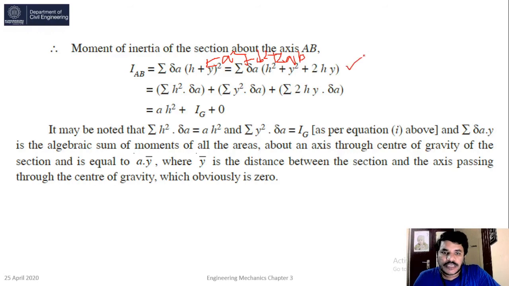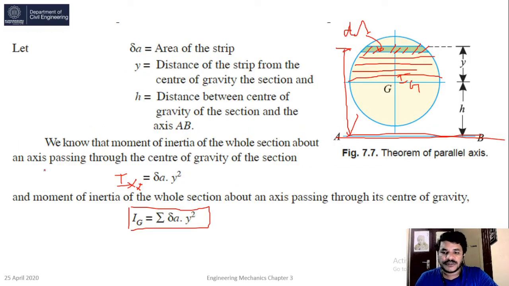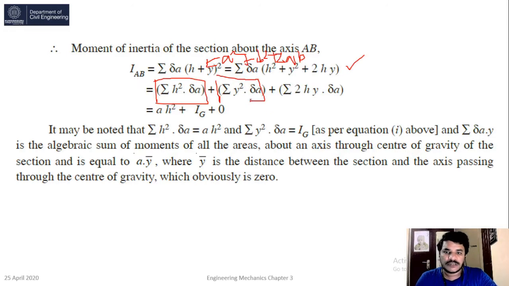Now I am going to multiply the summation of delta A inside the bracket. You will get the summation of delta A into h square, plus the summation of delta A into y square, plus the summation of delta A into 2hy. So finally this first term is called Ah square, and the second term, the summation of delta A into y square, is called Ig.